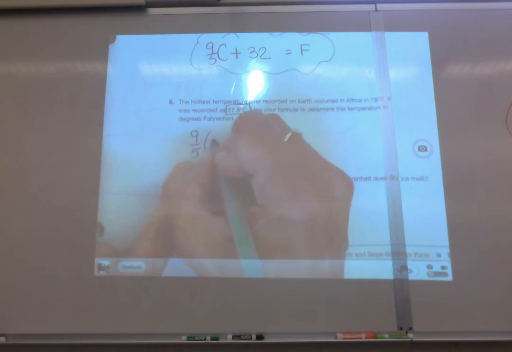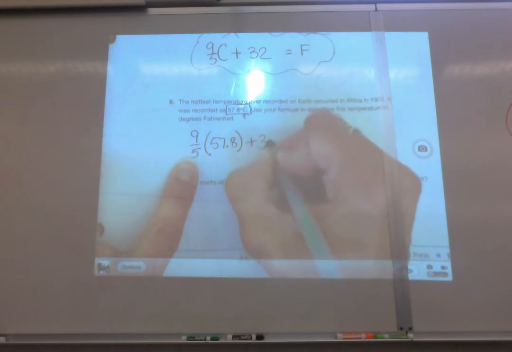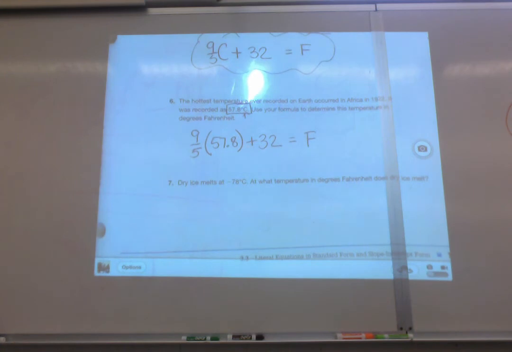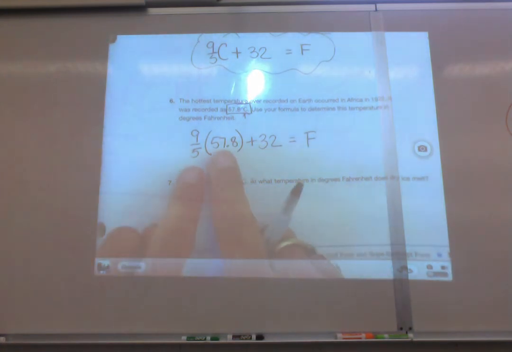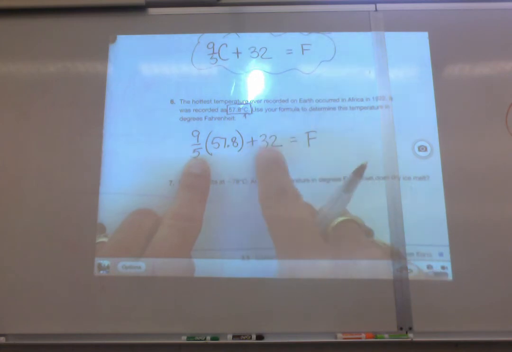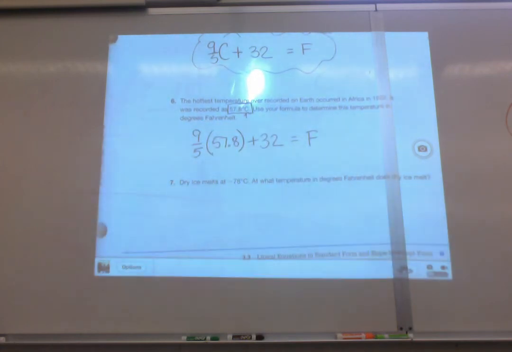Replace the C with 57.8. Plus 32 is part of the formula. F is what we're looking for. Take your calculators. Do that math, please. You need to do this multiply first. PEMDAS, multiply, then add. Leave that 32 alone until you figure out how to do this on your calculator.